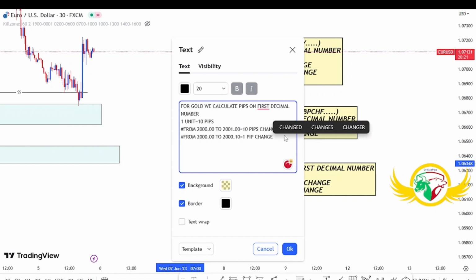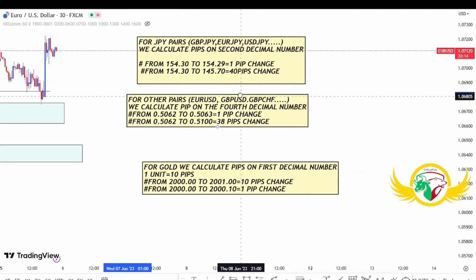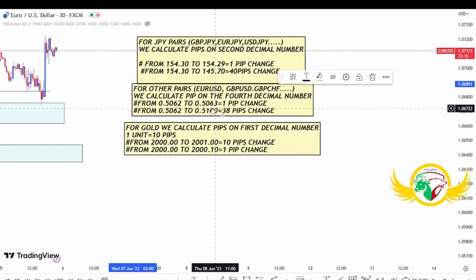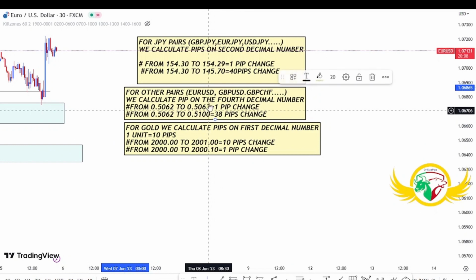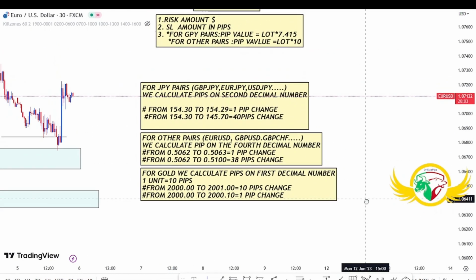I hope you can understand this. It's very simple, very simple. I hope you can understand these different ways of calculating pips depending on the pairs.